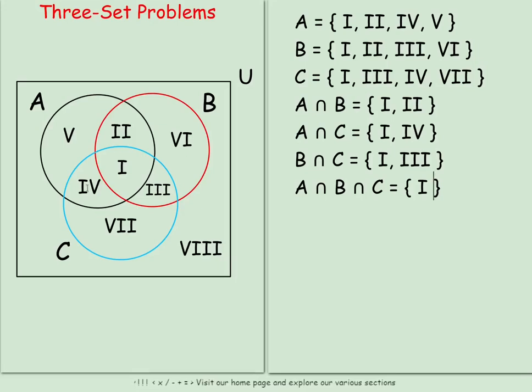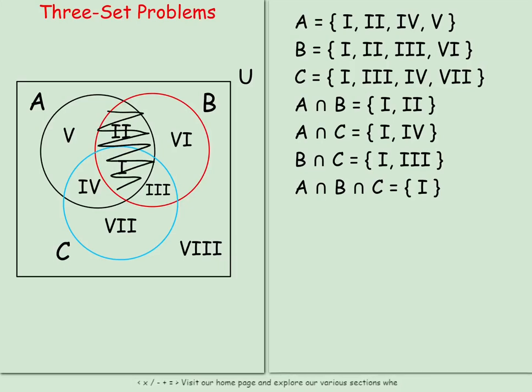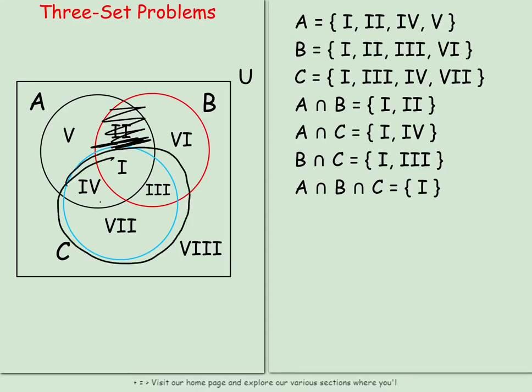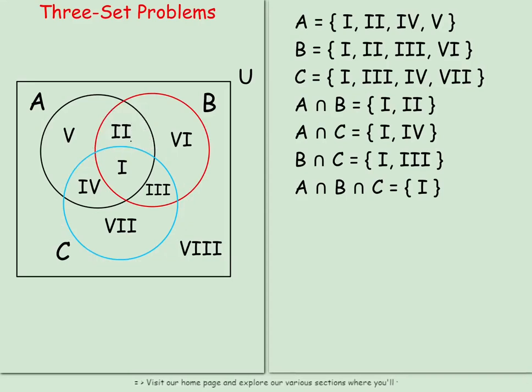Let's go further. Now, you'd realize that even though we are saying all of this here is A intersection B, we still have a portion in A intersection B that, if you draw the circle of C, the circle of C is not going to touch.